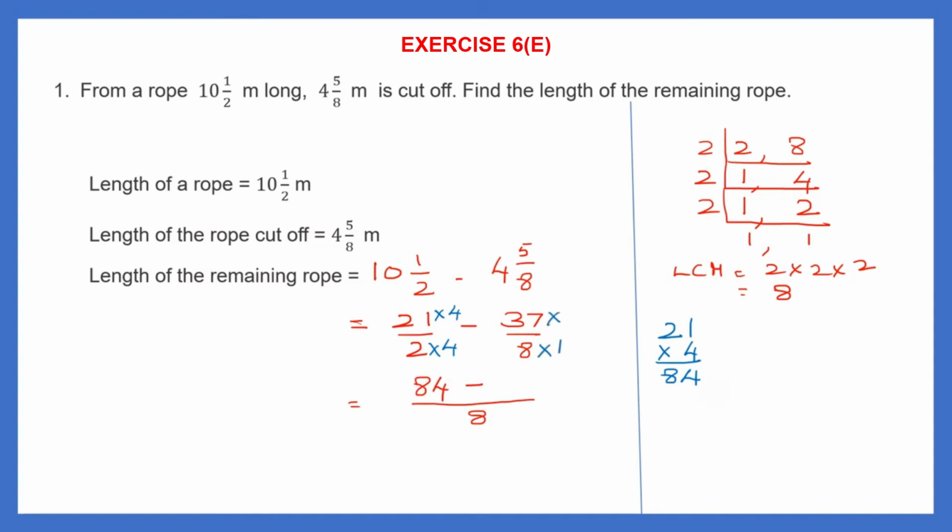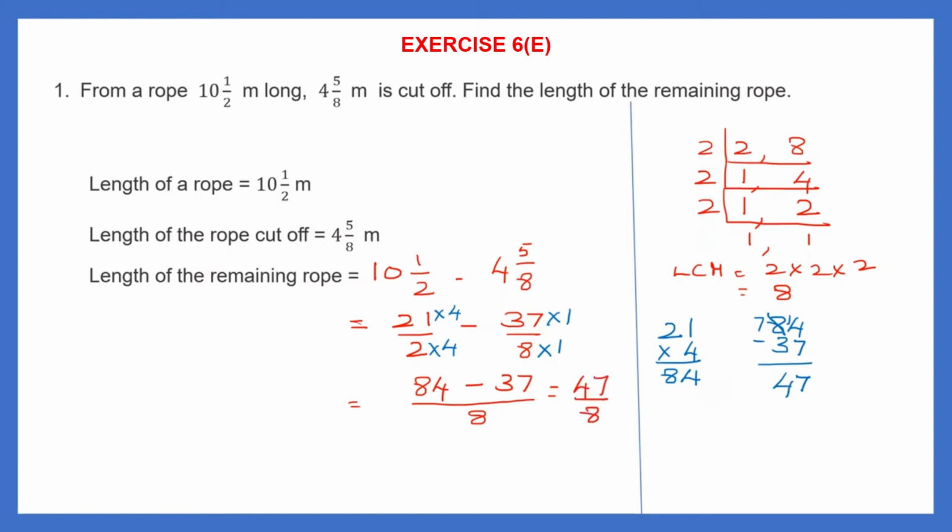So 37 ones will be 37 itself. Let's subtract 84 minus 37. 84 minus 37. Let's borrow. 14 minus 7 is 7. 7 minus 3 is 4. So we get 47 by 8.